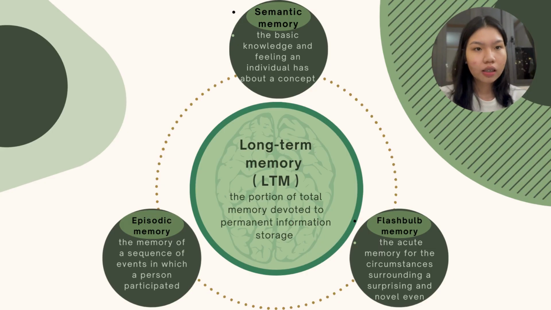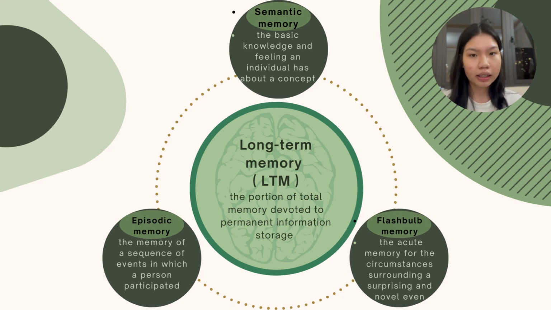And the long-term memory, also called LTM, is the portion of total memory devoted to permanent information storage. We have three types of it. The first one is semantic memory, which is the basic knowledge and feeling an individual has about a concept.